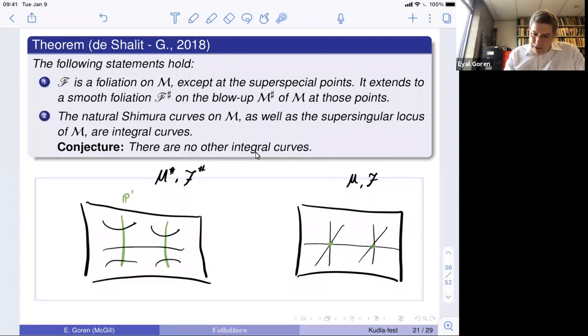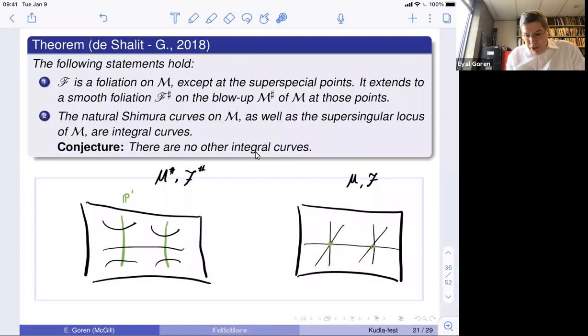You could ask, what are the integral curves for those foliations? What are the curves whose tangent bundle is exactly described by the foliation? And we could show that the natural Shimura curves living on this Picard surface in characteristic p, those coming from U(1,1), actually are integral curves, as well as those components of the non-ordinary locus.